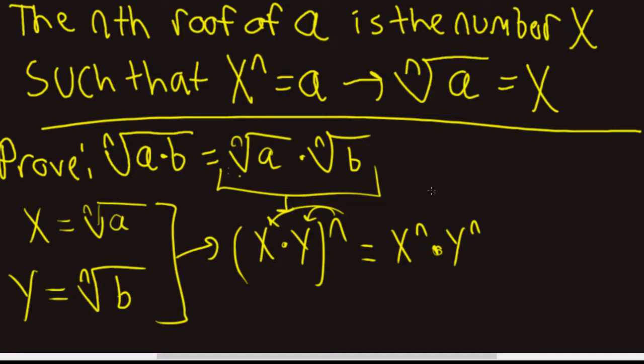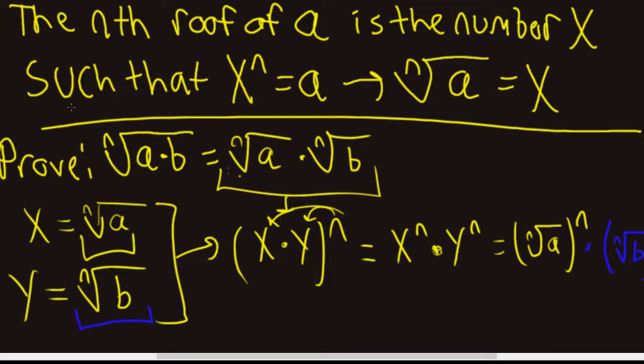So now, if we go back and substitute in our original value for x, we are going to get that we have the nth root of a raised to the nth power. That's our x value. And I'll even write the y part in blue, times, and now we're going to get our y part, substitute that back in, times the nth root of b raised to the n power.